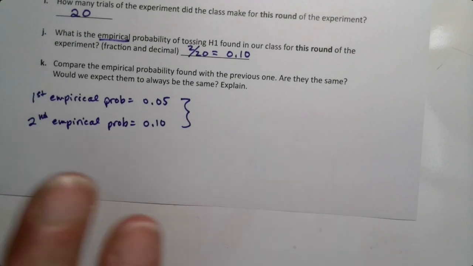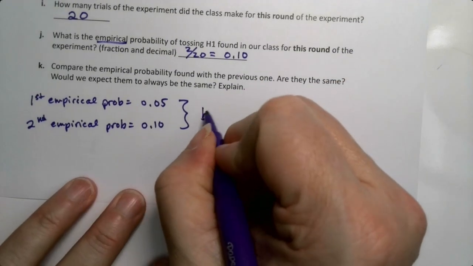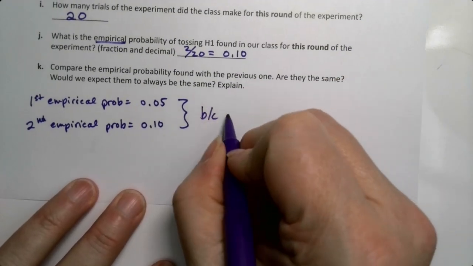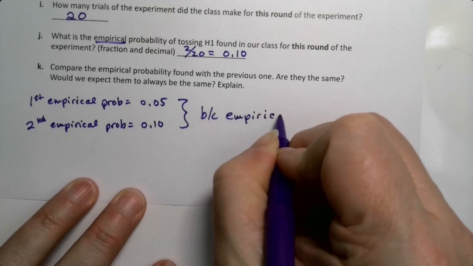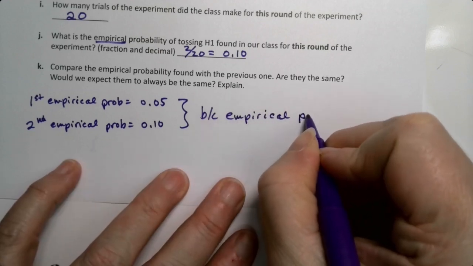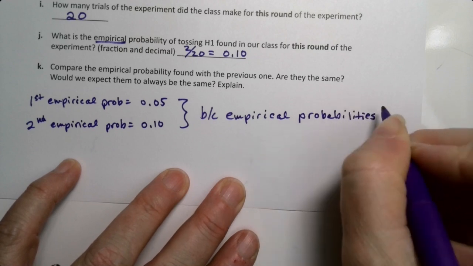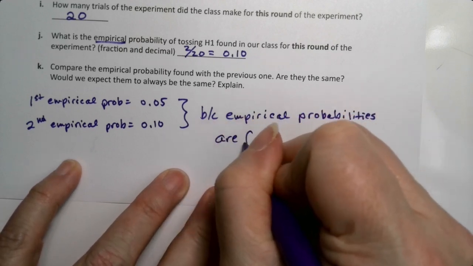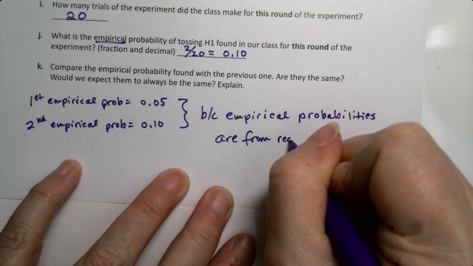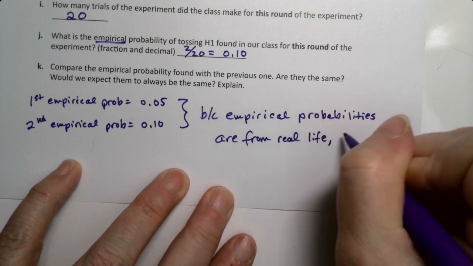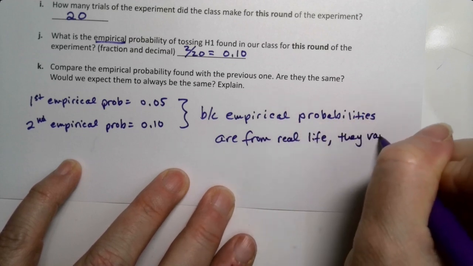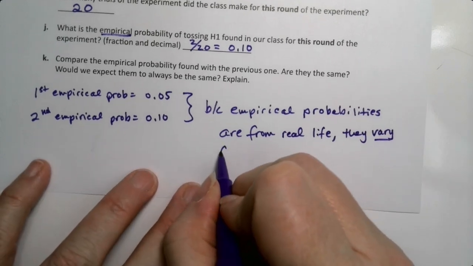So because the empirical probabilities are from real life, they vary from trial to trial, right?